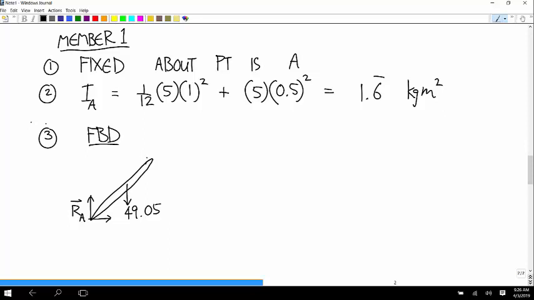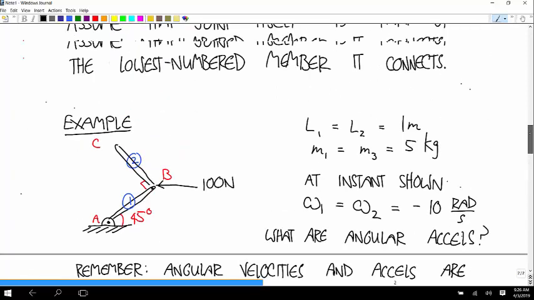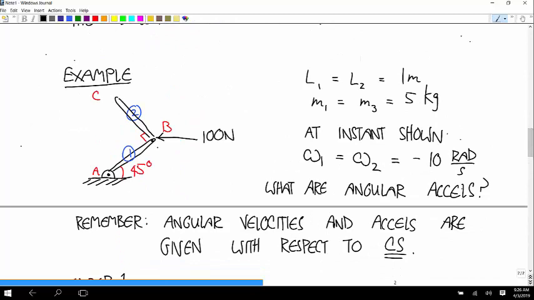And then the pin at the top applies an unknown force vector from member 2. So I'm going to call that the force on 1 by 2. And there's one more thing. Since we always assume that the pin is connected to the lowest numbered member, that 100 Newton force is applied to member 1.